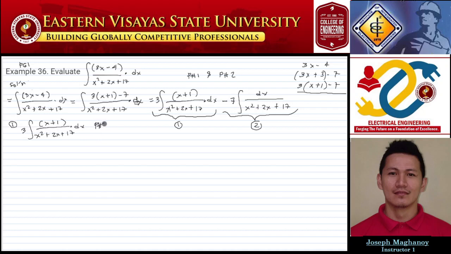Applying our property number 3, our correction factor CF, we let u equal to its denominator, that is your x squared plus 2x plus 17. If we get our first derivative of our denominator, we get 2x plus 2. So we can apply our dx is equal to the reciprocal of your first derivative of your constant du. So we can rewrite 1 over 2x plus 2 du.